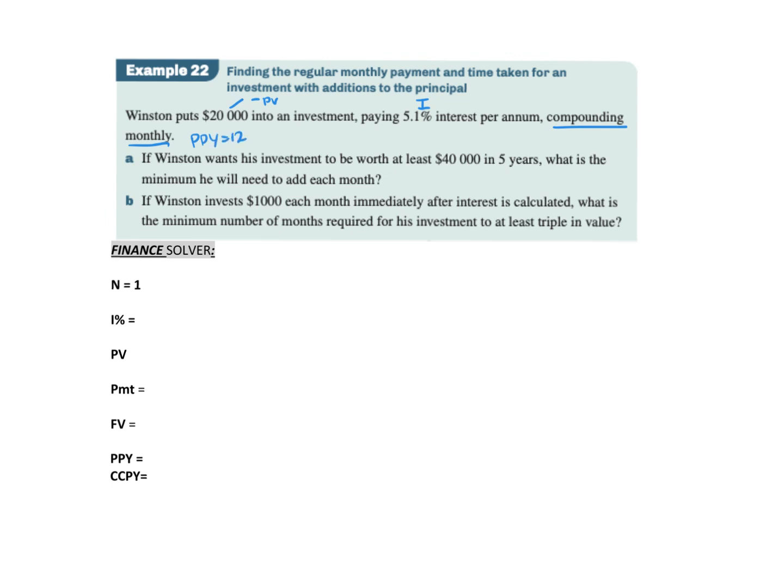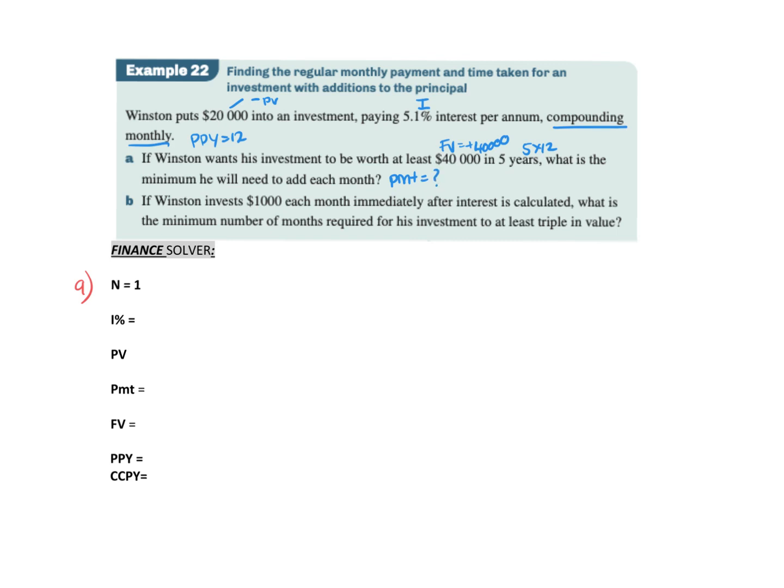So here's scenario A. If Winston wants his investment to be at least 40,000 in 5 years, so FV to be a positive 40,000 in 5 years, so that'd be 5 times 12. What is the minimum he will need to add each month? So that's a payment. What is his payments?